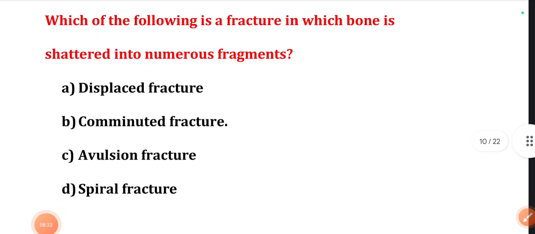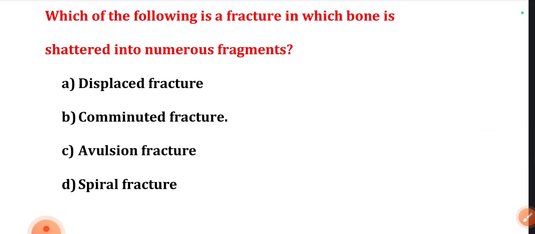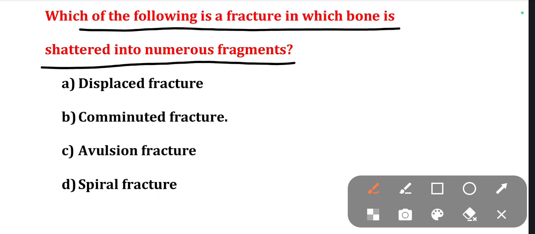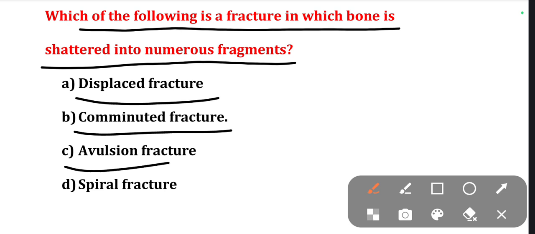So the next question is, which of the following is a fracture in which bone is shattered into numerous fragments? I already said it in the previous question. When the bone is damaged into small fragments, that is called. Options are displaced fracture, comminuted fracture, avulsion fracture, spiral fracture.